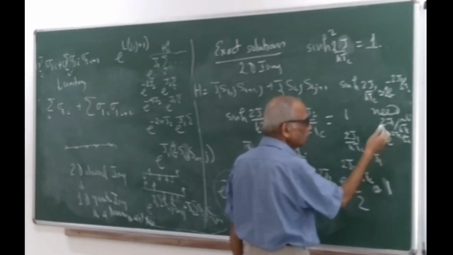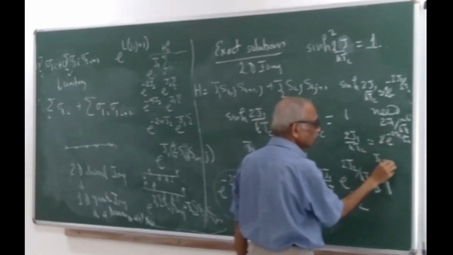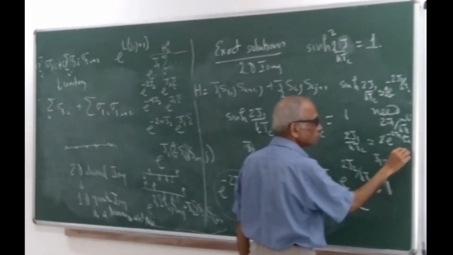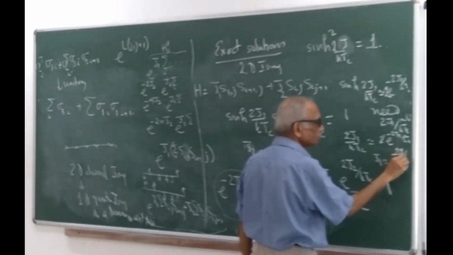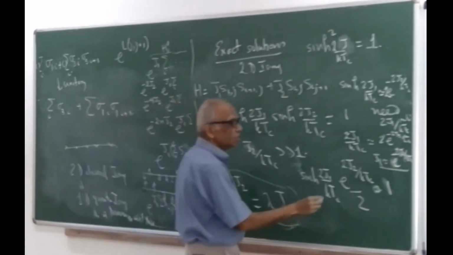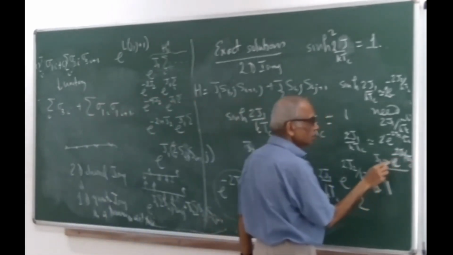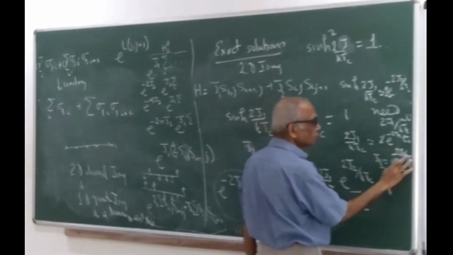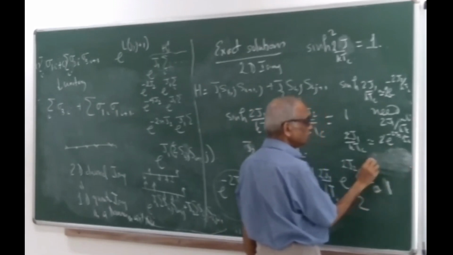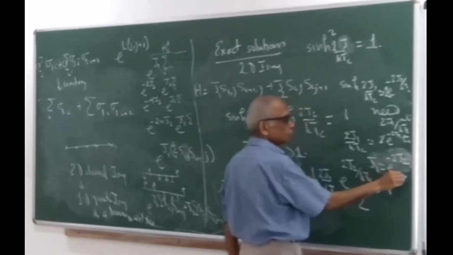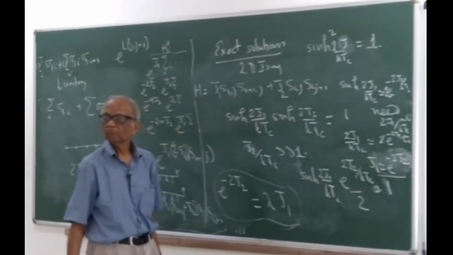So in units of KTC, J1 is very nearly e to the power minus 2J2.